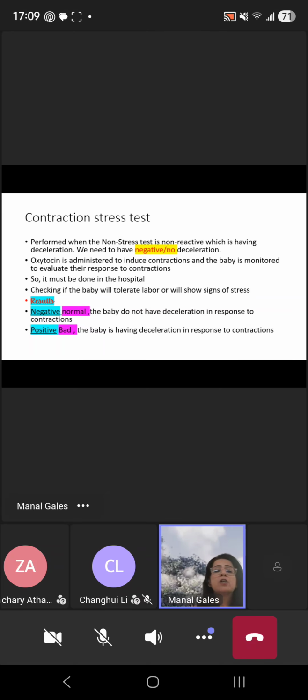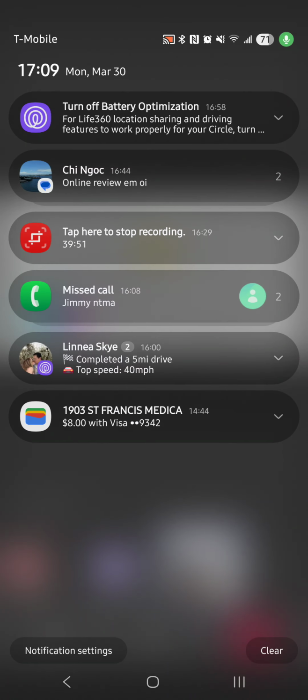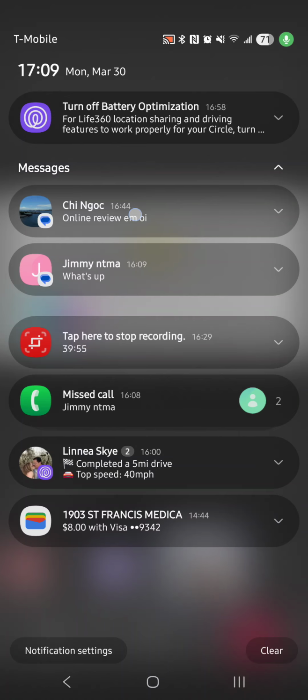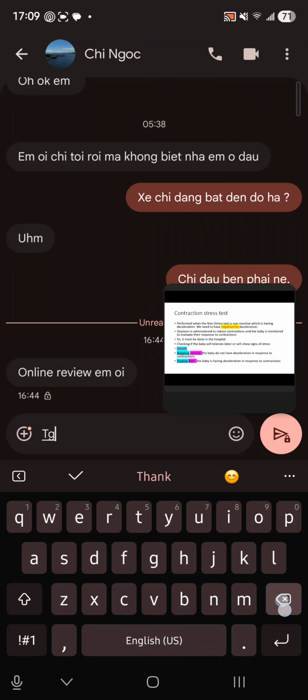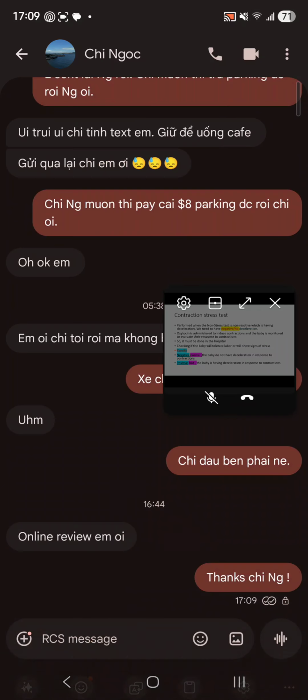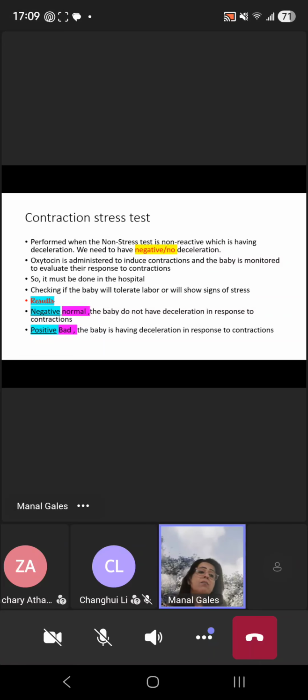It is bad, right? So if there is deceleration again with contraction, it's a positive result. It is bad, which means they might need a C-section because he might not be okay to tolerate labor. But if it is negative, like normal, the baby is good, he doesn't have any deceleration, it means he's good to tolerate the labor.